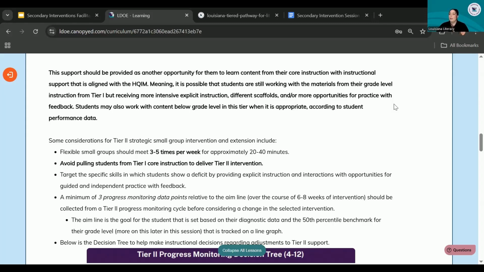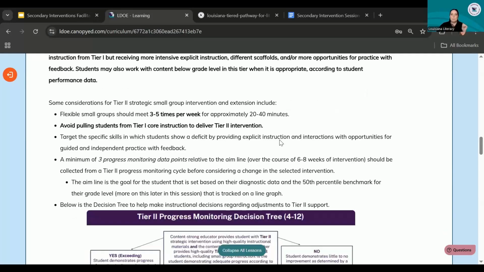That's why we said that you could potentially be using grade level materials in tier 2 if you're just pulling something from their core block and you're providing further direct and explicit instruction, or you're providing further scaffolds or more time for practice. But you could also be using some below grade level content or materials when you're helping these students as well, especially if you're using a specific program instead of pulling from tier 1.